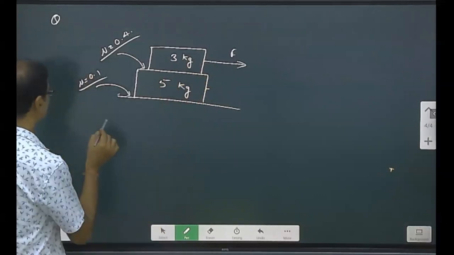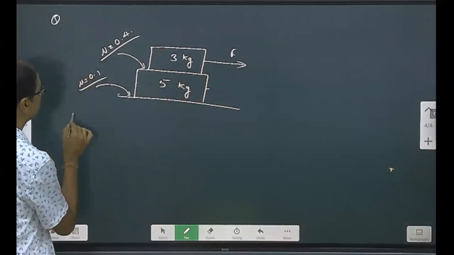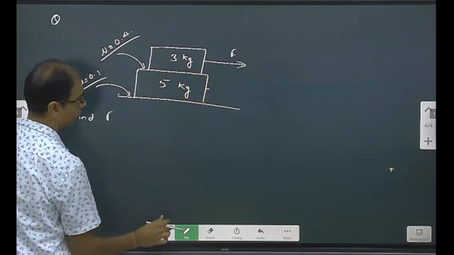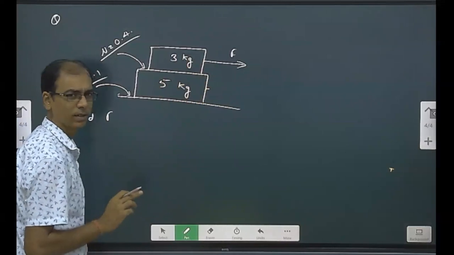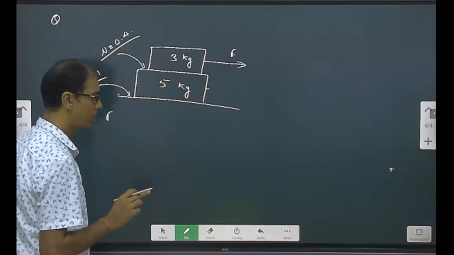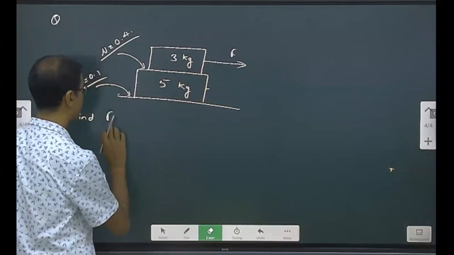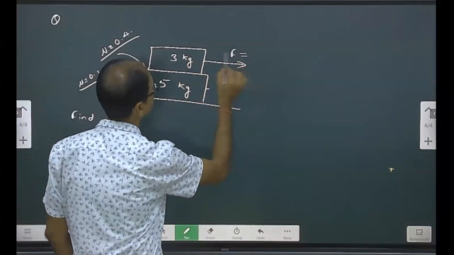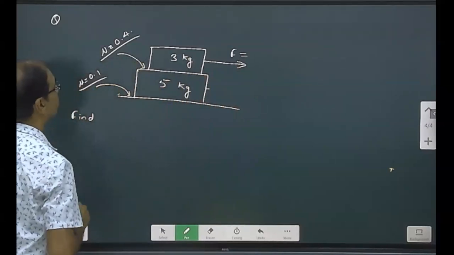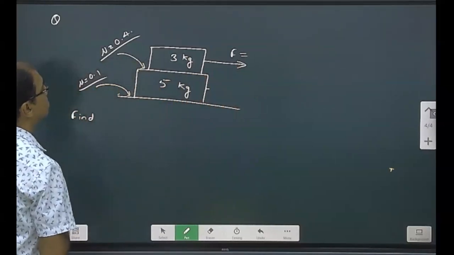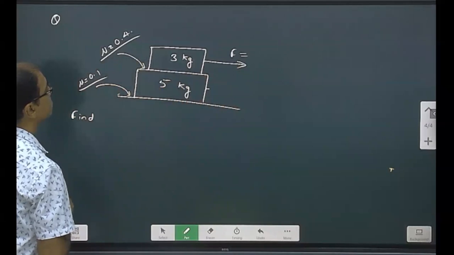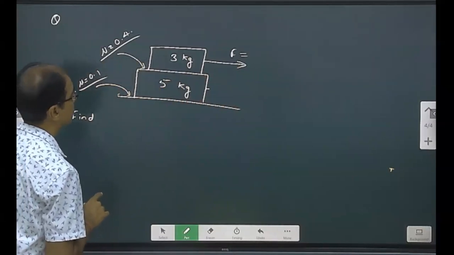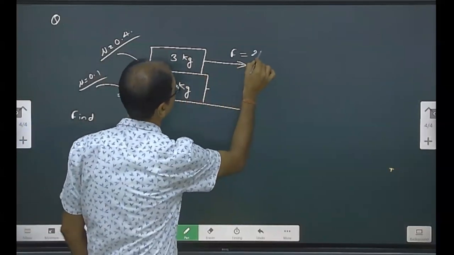Okay. So now again, question for you is find maximum value of force. Shall I give maximum or first you will find acceleration? Okay, let's find acceleration first. I'll give you the force value first. Okay. Force value is 24 Newton.